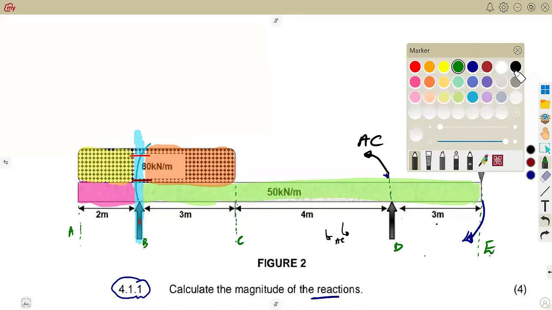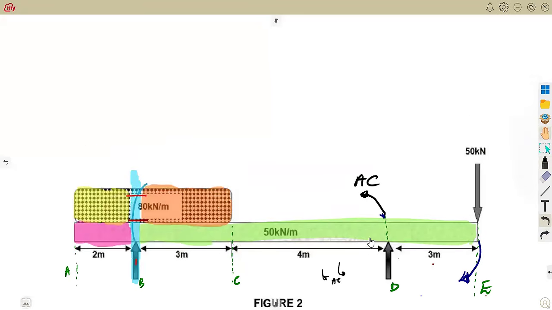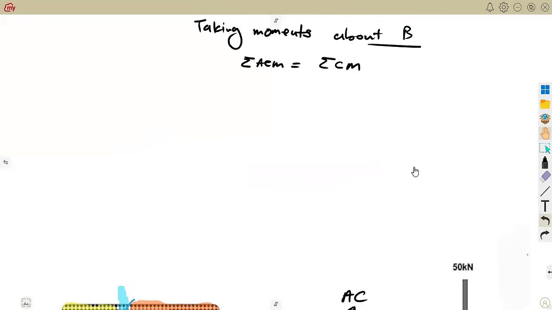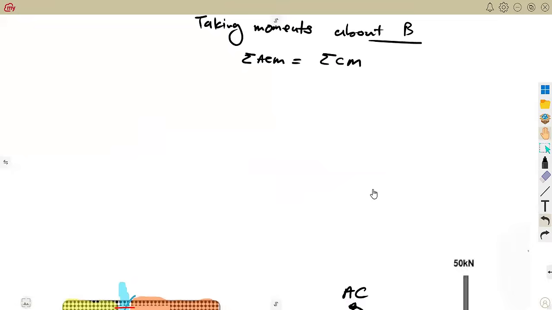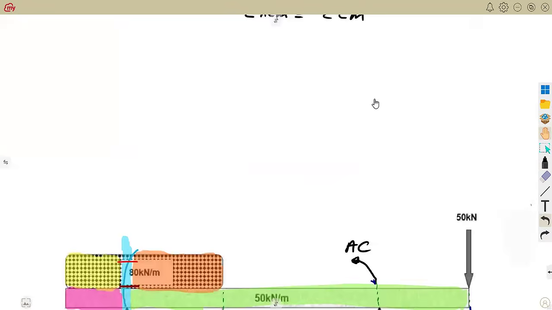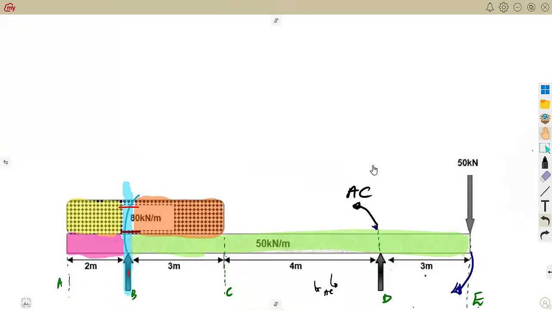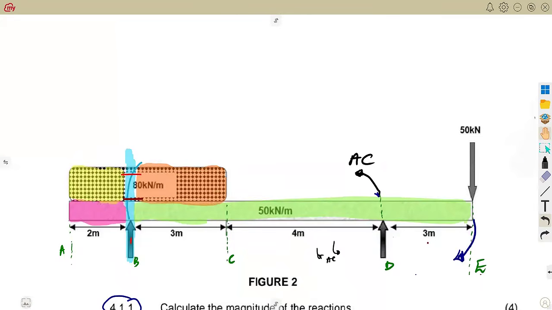Let's take it this way. So the anti-clockwise, we are going to have this one, the D, and everything that is on the left side of B. Everything on the left side of B will be moving this way.